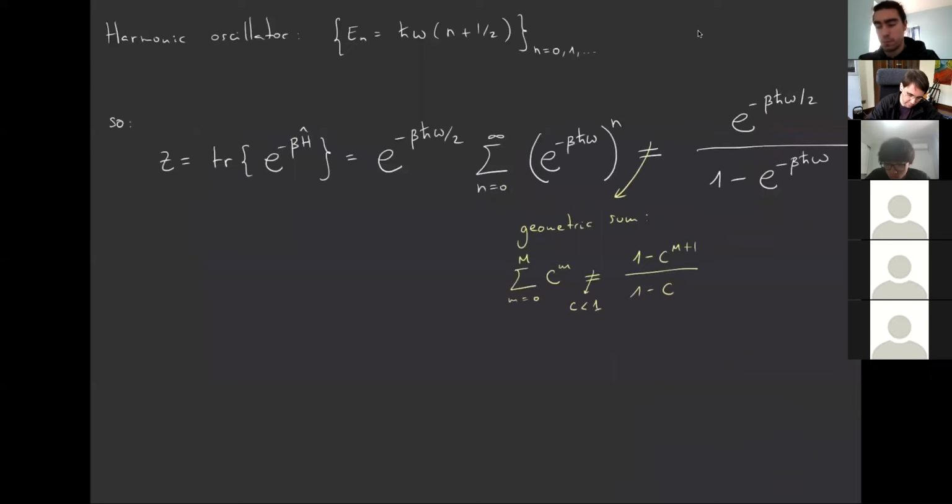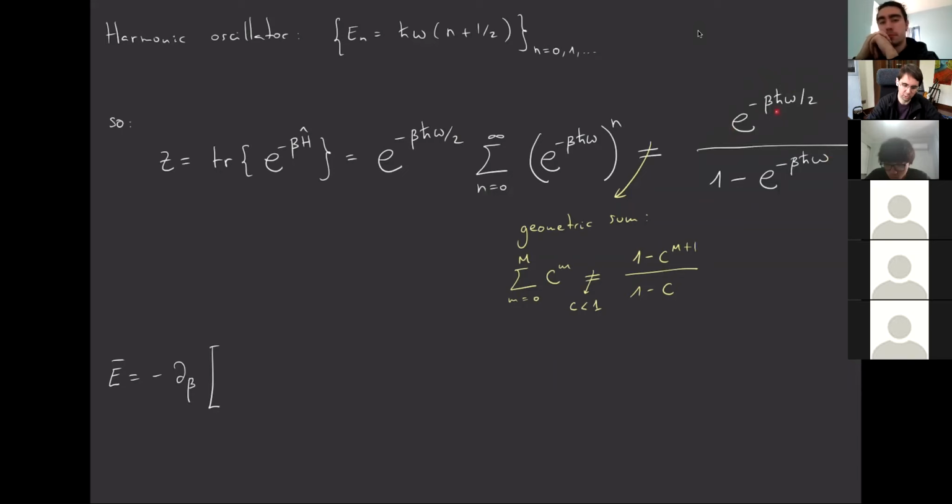We just have to take derivatives and so on. So let me write it down carefully. This is minus the derivative in beta of what? We have to take the logarithm of the partition function, but the partition function looks like this. So the logarithm can be written as the logarithm of the numerator minus the logarithm of the denominator.